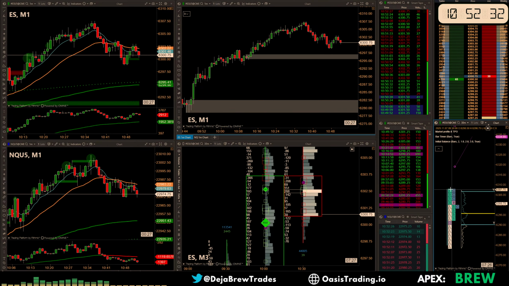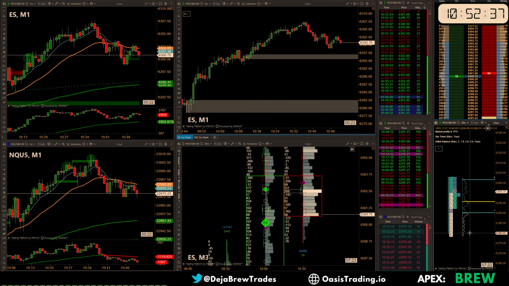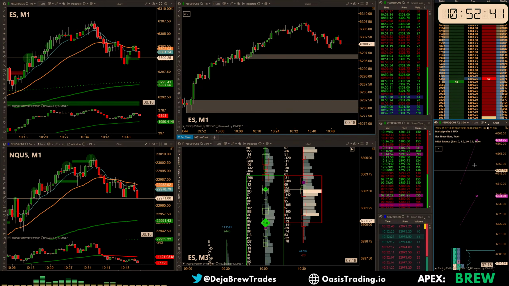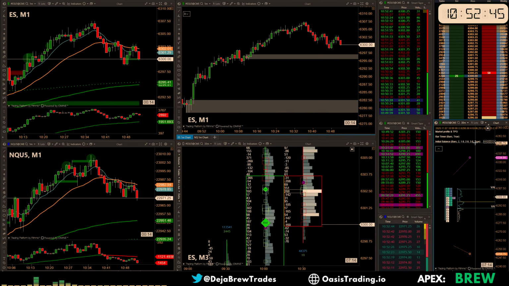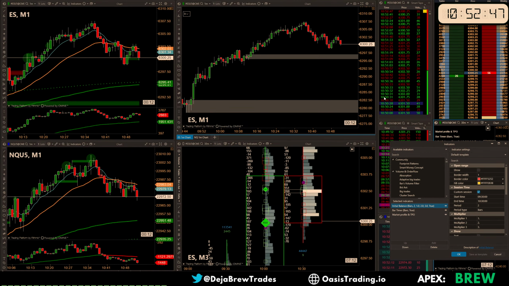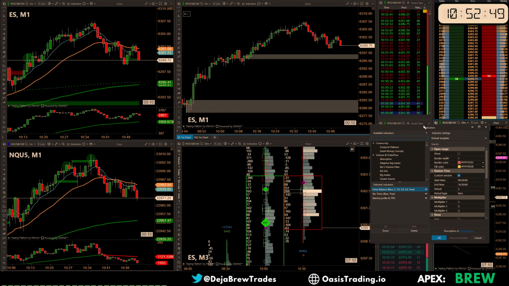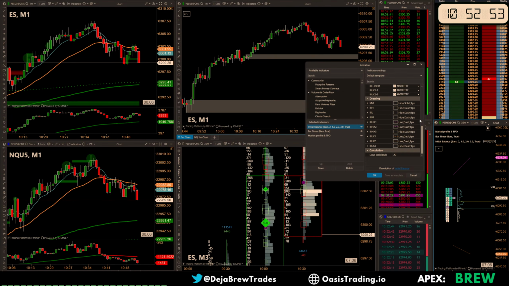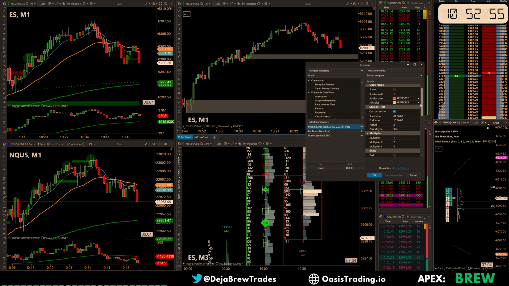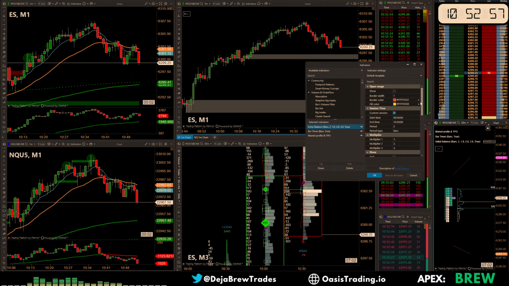No, I guess it is correct because I'm going off the TPO high. The actual high is a little bit lower. Okay, so I think that fixed it. Now it's just a little ugly. Let me fix the lines here. So I had to change it to 2 bars instead of candles.